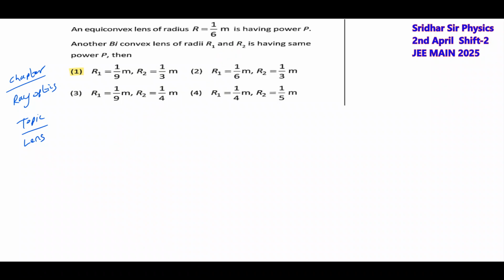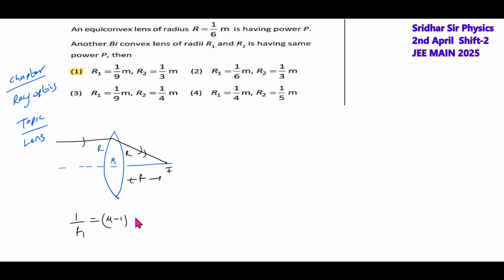What do you mean by equiconvex? It will have the same radii, refractive index. It will form the image here. This will be the focal length. That's the basic idea. What is the formula for an equiconvex lens? 1 by f1 equal to mu minus 1 into 1 by r minus of minus 1 by r.